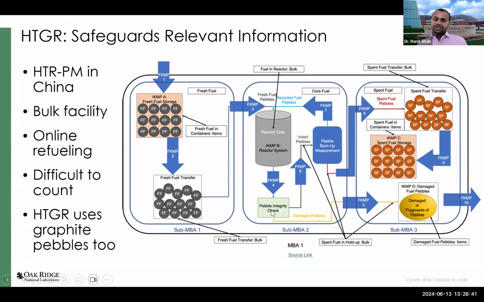In the core, there are integrity checks, as well as making sure that no other pebbles are being inserted into that system, with undeclared material introduced. For the burn-up measurement, the IAEA at the moment uses burn-up codes that are well established and validated, but the challenge will lie in having a similarly established code for new advanced reactors. And then spent fuel: how to measure that before it is shipped offsite. Some of the challenges associated with them are where development efforts are needed.